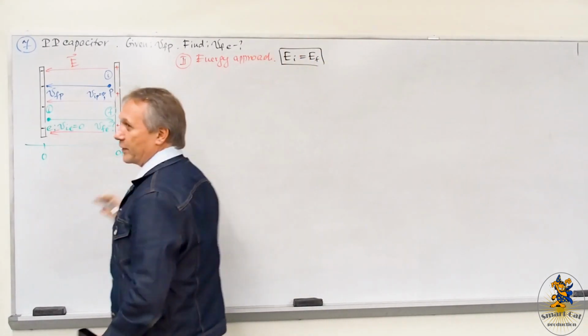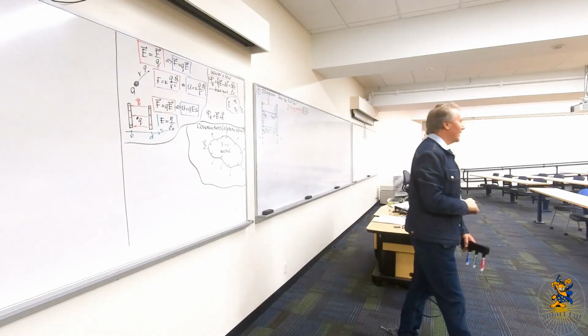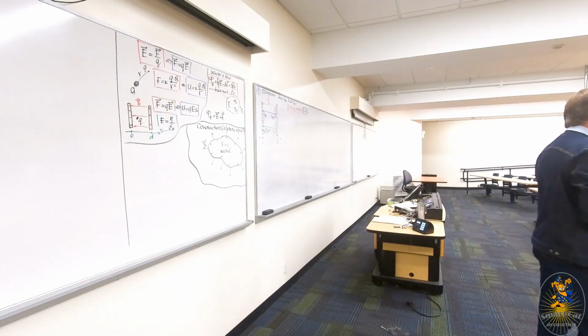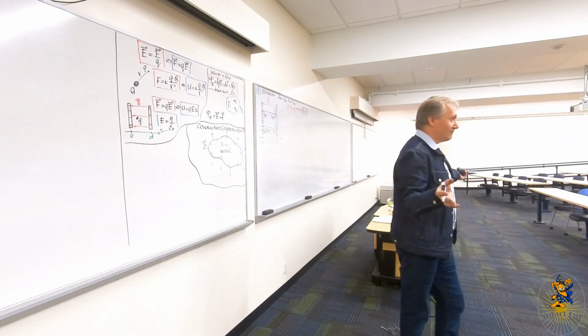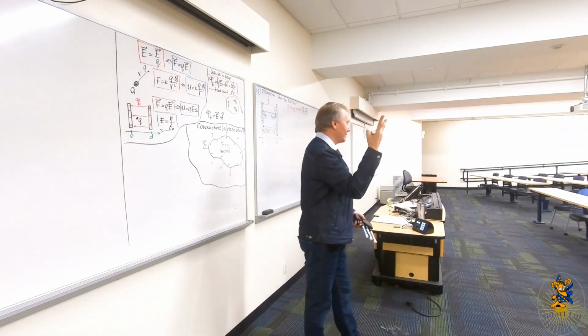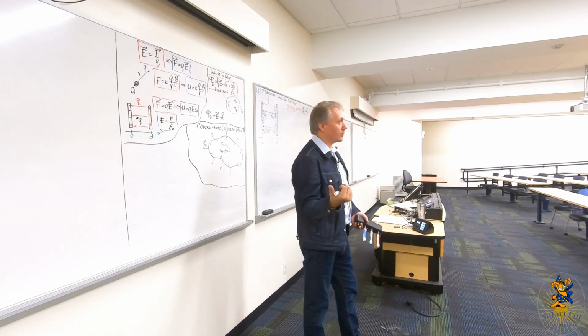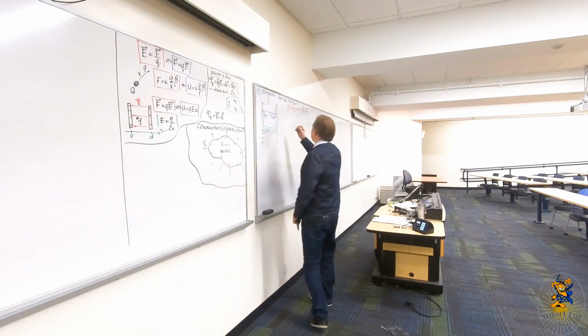I wrote it on the side because we need to apply that conservation of mechanical energy how many times? Obviously twice, right? For an electron and for a proton. So let's start with the proton.